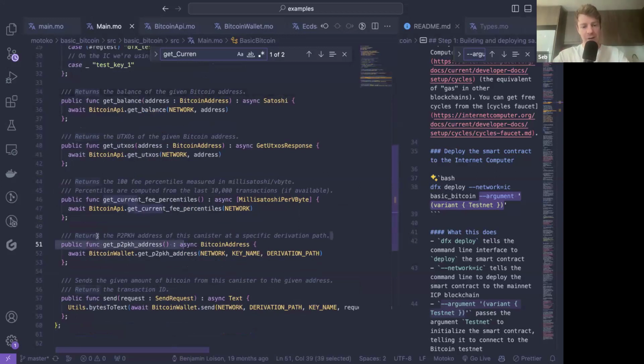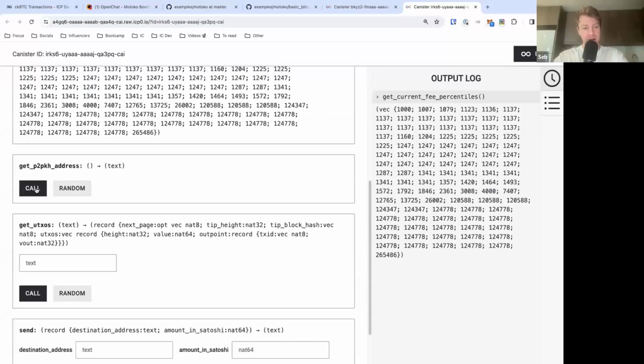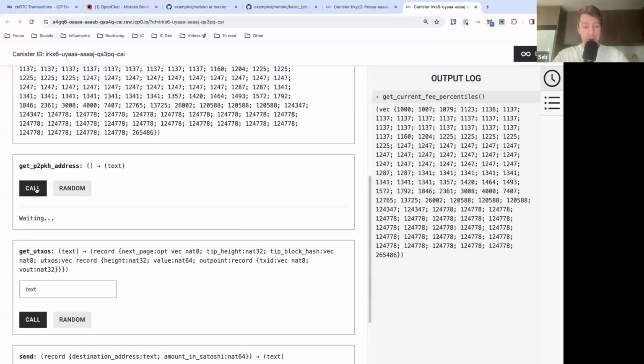So what we need to do is get the address of this Bitcoin wallet. To do that, we need to call this method. This method is going to generate an address for us. So it's going to create a pair of keys. It takes some time. It's calling the management canister. And then we have this address. This address is one that we own. So this canister owns this address on the Bitcoin testnet.